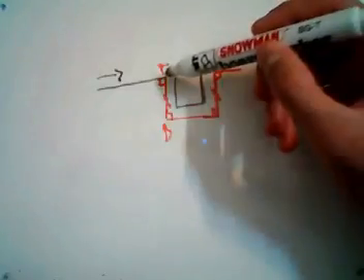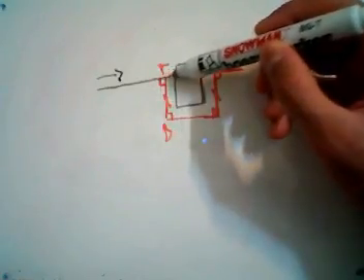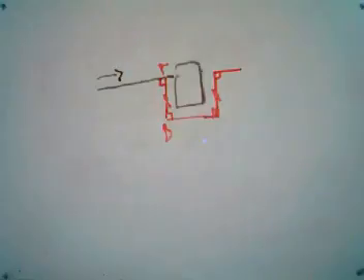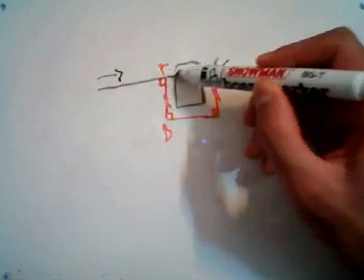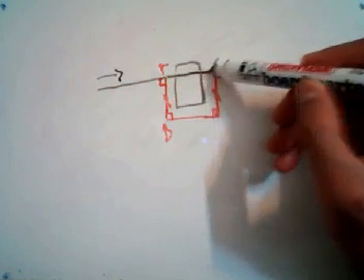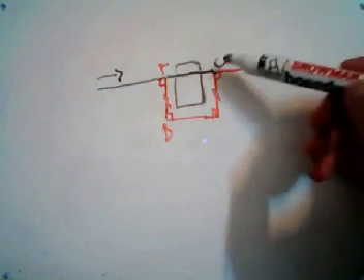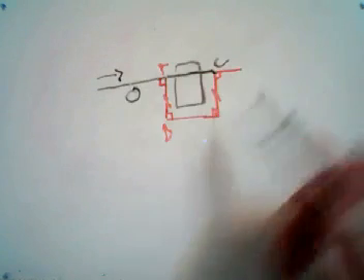Now if we join this point to this, let's call it C, if we join A to C, here we don't know if AC is in the same direction as, let's call it O, as OA.